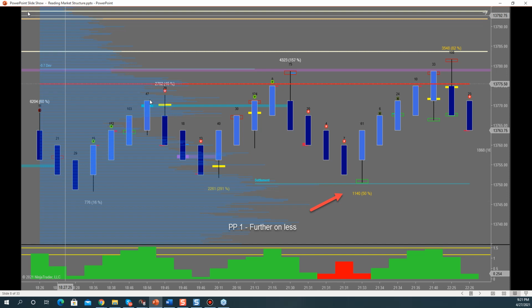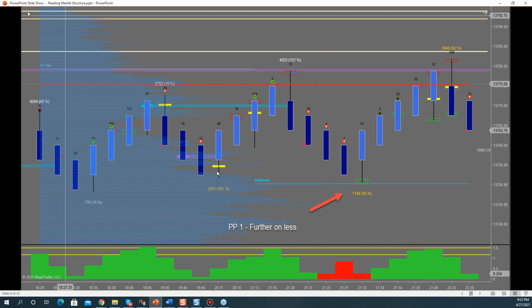Notice here when the market pushed down, what was this number? 2261, right? Then the market came up. Then when the market came back down, do you see here where the market went just a little bit further down than right here? Not much, right?